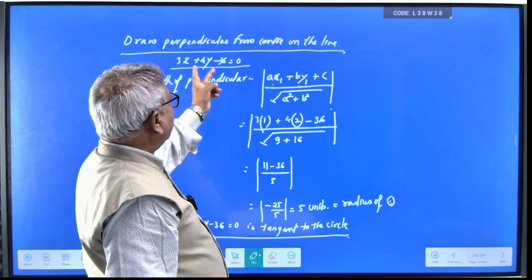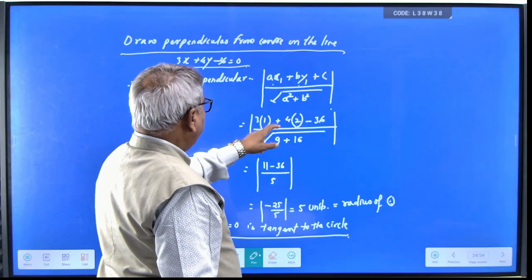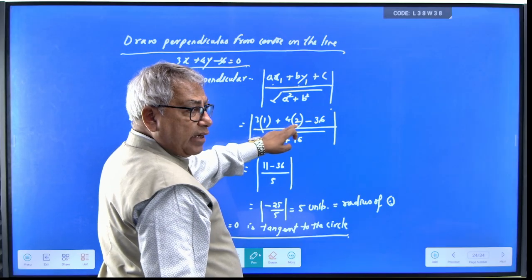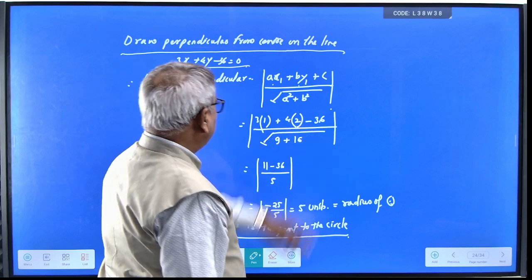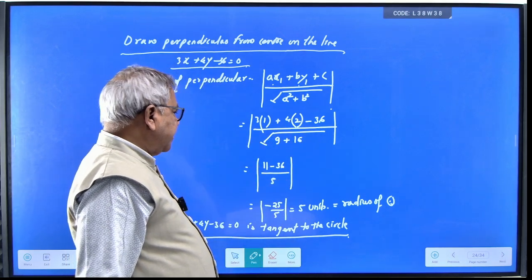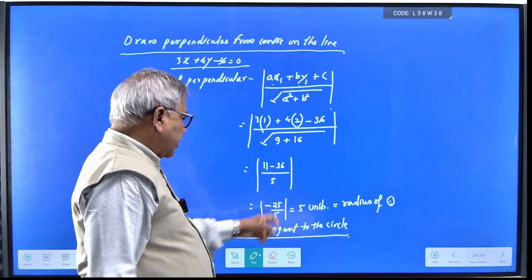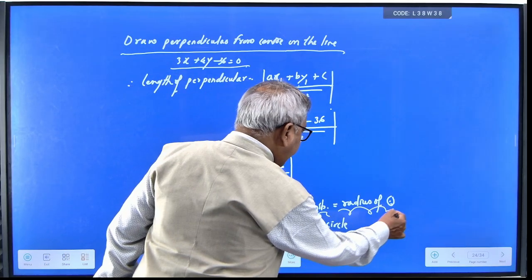In the equation, substitute x and y as minus g, minus f. So 3 into 1 plus 4 into 2, because the center is 1, 2, so g is 1, f is 2, minus 36 upon root of 9 plus 16. So mod of 11 minus 36 upon 5, mod of minus 25 upon 5 is equal to 5 units, which is equal to the radius of the circle.